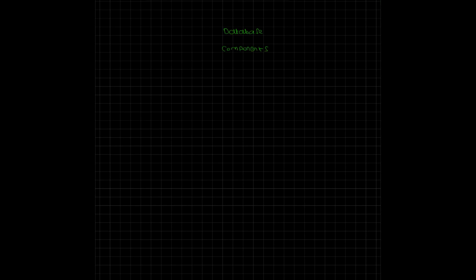If we take database, it has two components. One is the database client, or we can say DB client, and the second one is the database server, or we can say DB server.